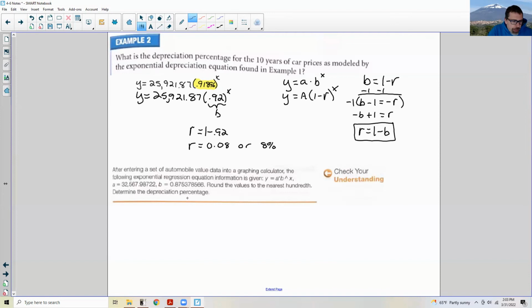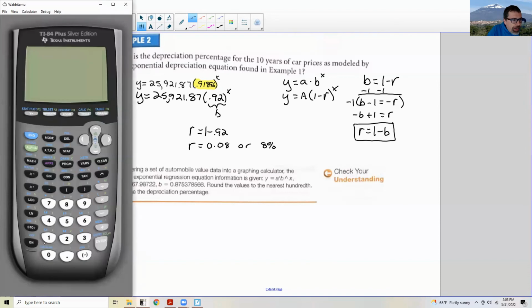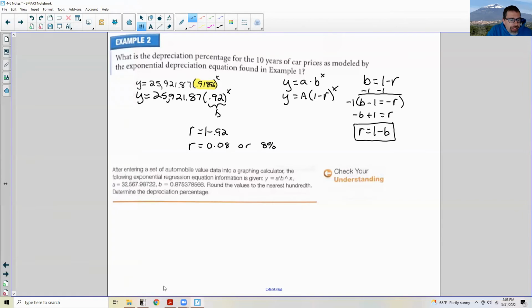The other way I could have done it is just go into my calculator. Since I have it already graphed here, I can hit second table and I can enter a value for X. So if I put a 10 in here, that's going to give me 11,134. And so the depreciation percentage for 10 years of car prices, well, that'd be after the 10th year, I guess.